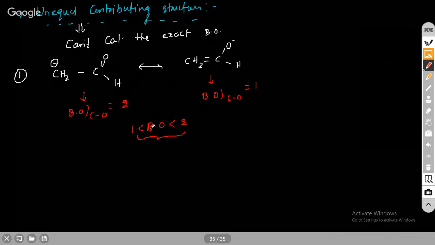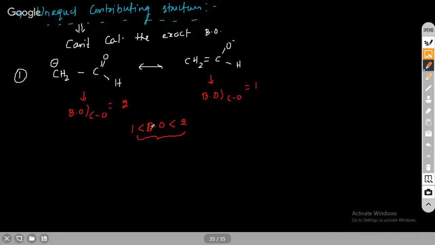Why is it 1? Because the second structure is more stable.